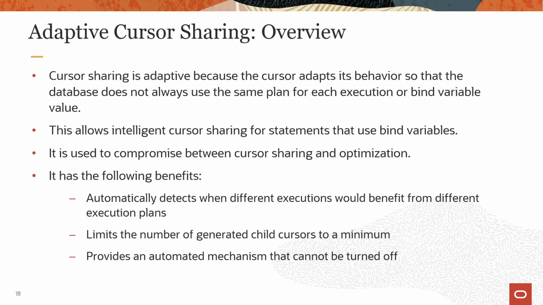What is that? Remember that in previous slides, we said use bind variables because you win time on parsing and you reduce the amount of memory needed in the library cache to cache SQL statements.